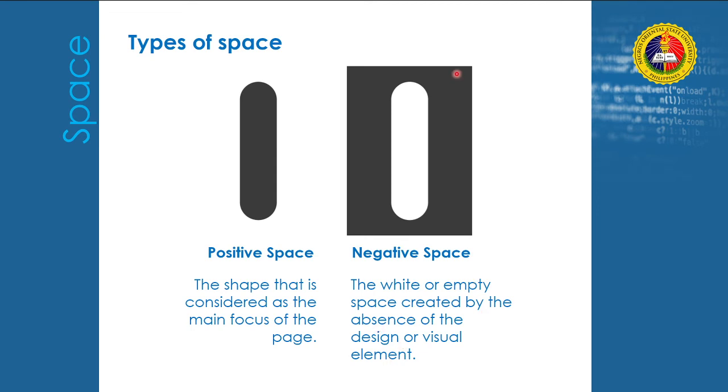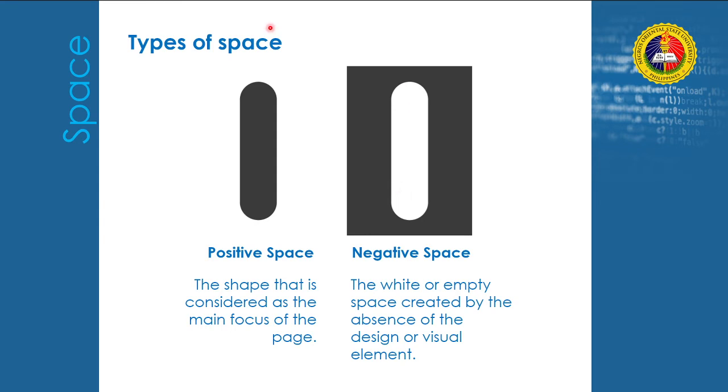If this is the positive space, then the empty space in which the main focus is absent is why you call it negative space. Kumbaga, that is the empty space in which the main focus of the visual element is missing.